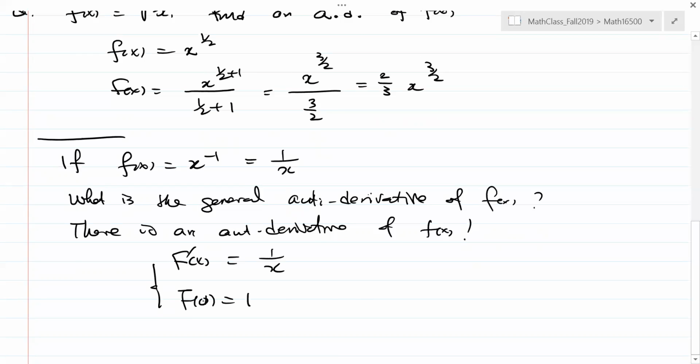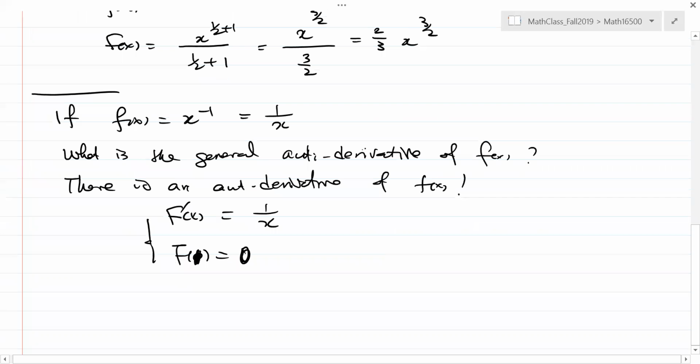You cannot put a 0 there. That's my mistake. F of 1 equals 0. Why? Because the function is not defined at 0, but it's defined nearby 1. So you can assume that F of 1 is 0.